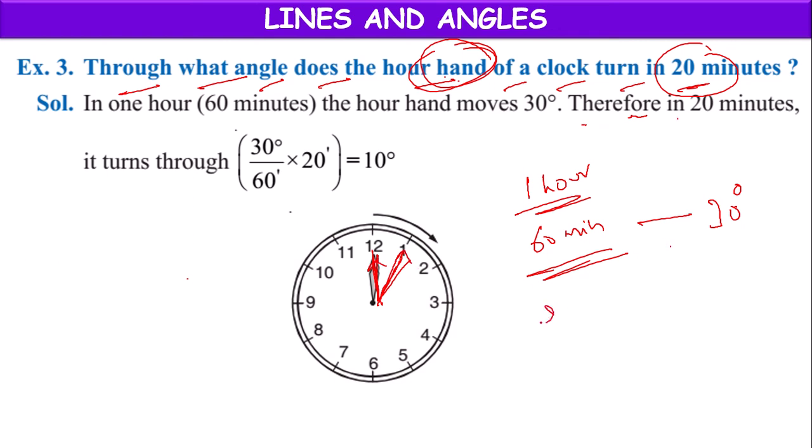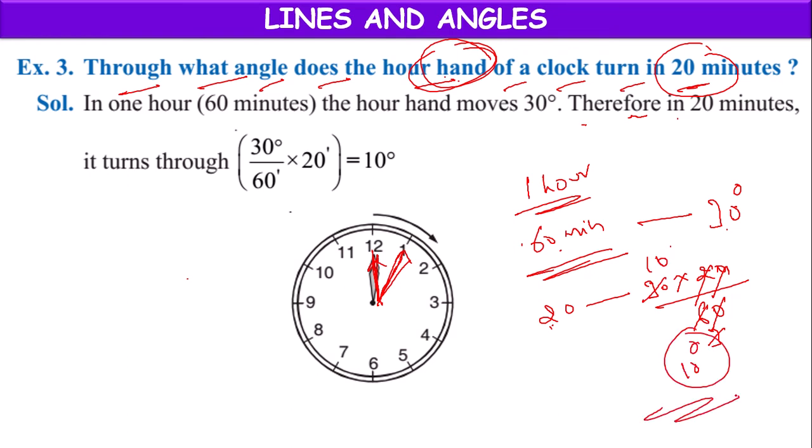But now in 20 minutes, if it moves 30 degrees in 60 minutes, then in 20 minutes how much? We take this 30, multiply by this 20, and divide by this 60. So 0, 0 cancel, 2, 3 are 6, 3 into 10, 30. The answer, 10 degrees, is the correct answer.